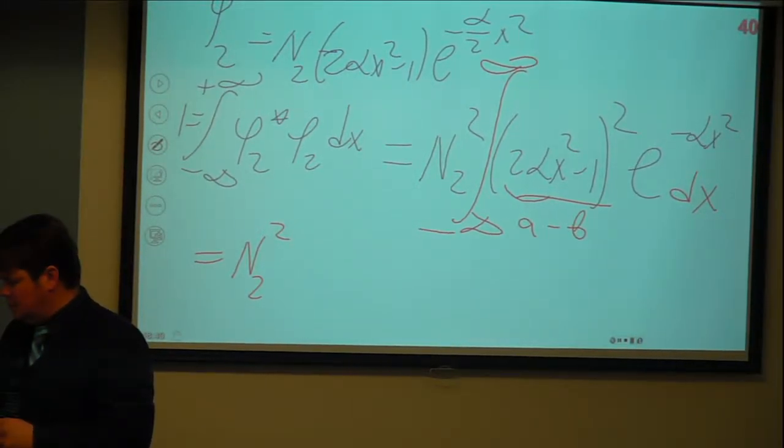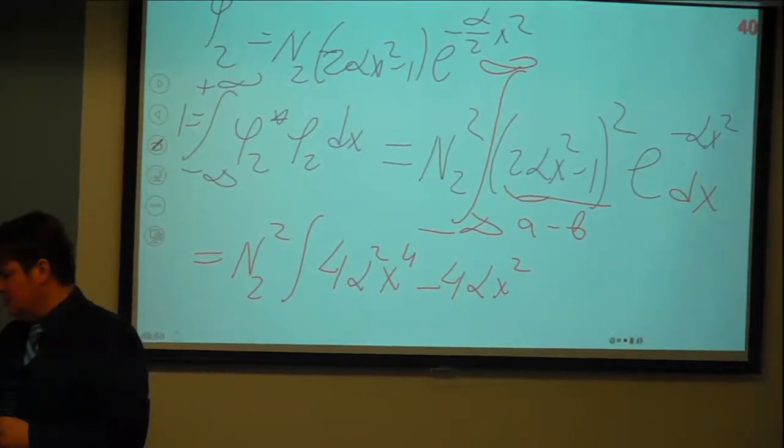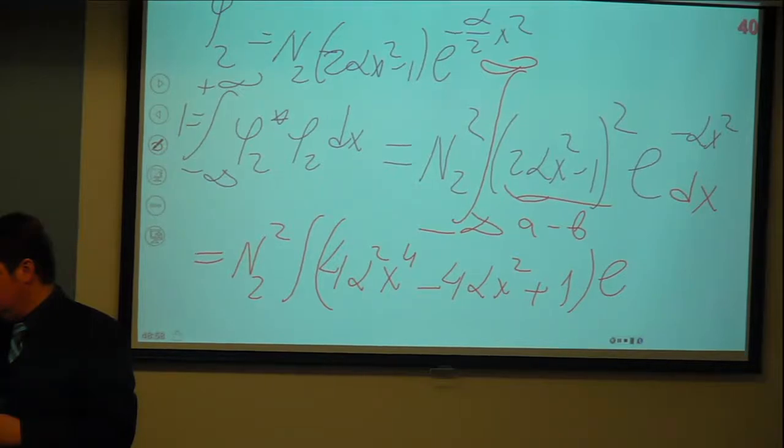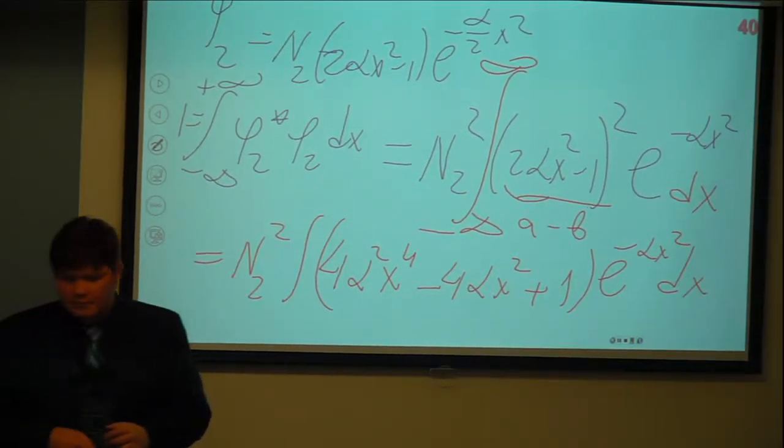So the integral of 4 alpha squared x to the power 4 minus 2 times 2 alpha x squared plus 1, multiplied by e to the minus alpha x squared dx. Right?